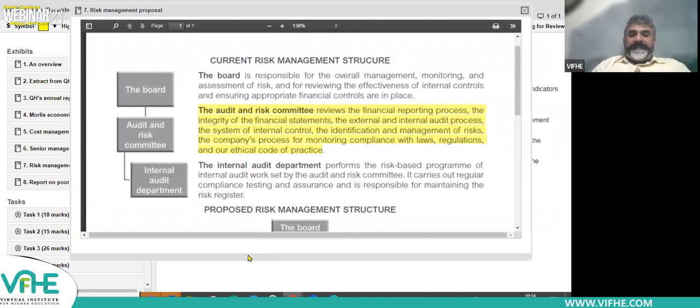What about expertise? Yes, expertise also, because accounting and auditing experience is very different. Risk management is a very different kind of thing. So there might be some expertise issues. Interesting.